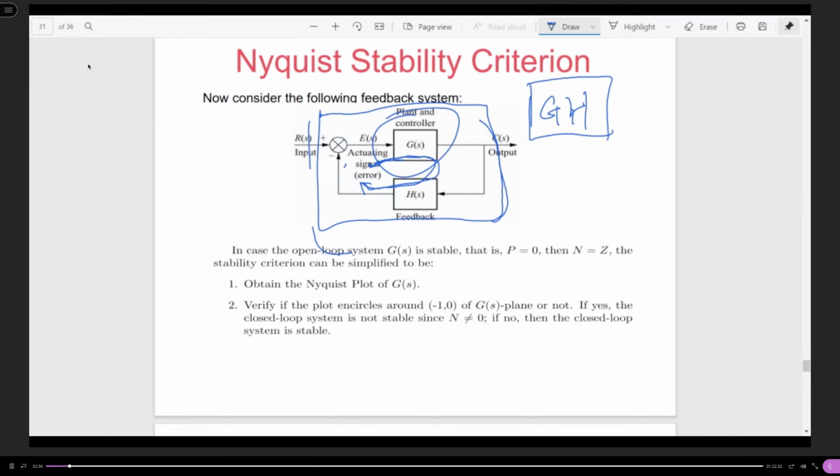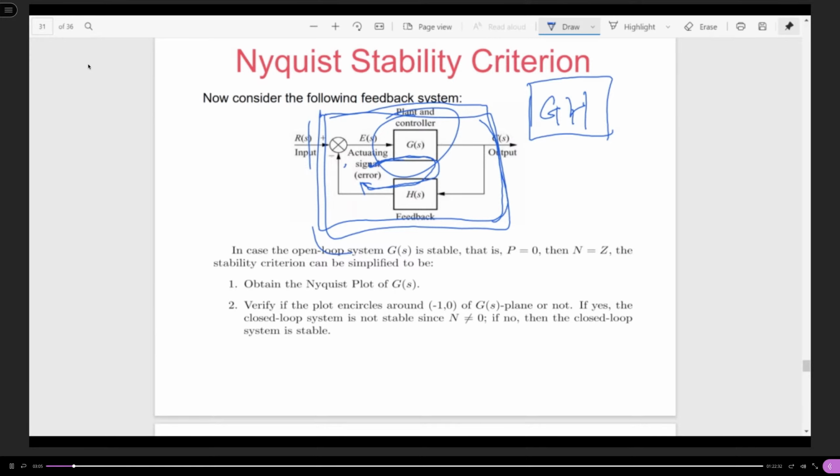What is more important is that after you apply the controller and obtain this feedback structure, what is going to be the behavior of this closed loop system? That matters. So you should be careful about that.